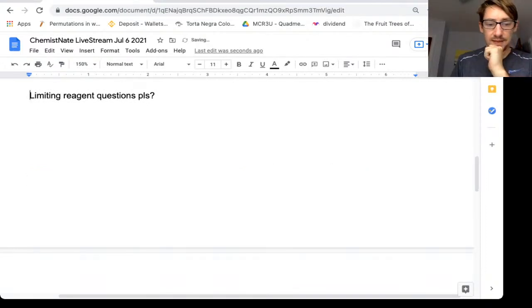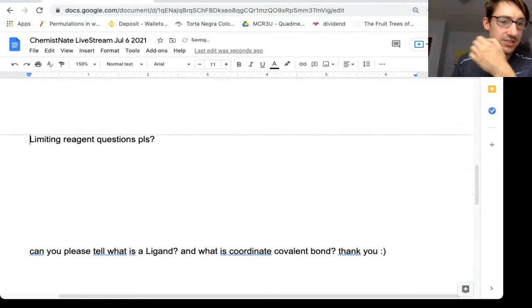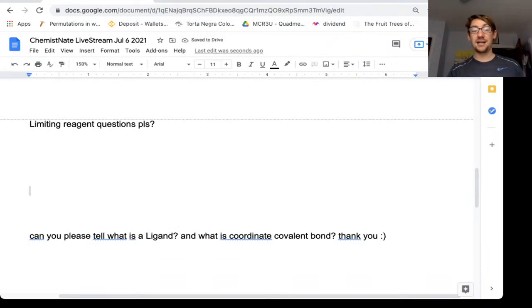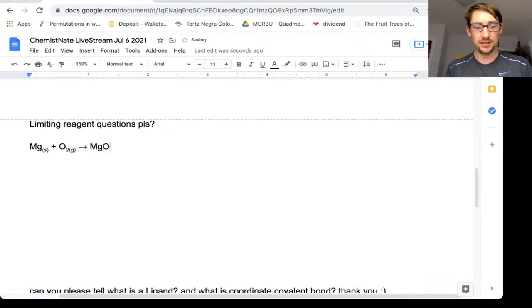Okay. Now, it does feel like lots of you are studying for a high-level test right now. Limiting reactant may not be the kind of question you came for. Someone dove in. I just want to run through a quick one here. Let's pretend that we are reacting magnesium solid with, let's just use oxygen gas, and it becomes MgO solid.